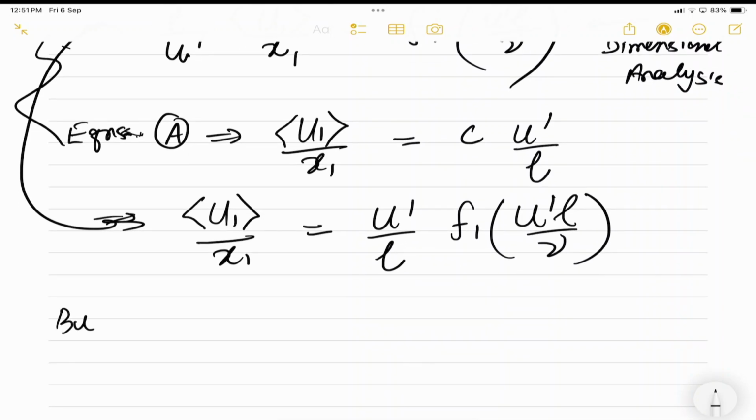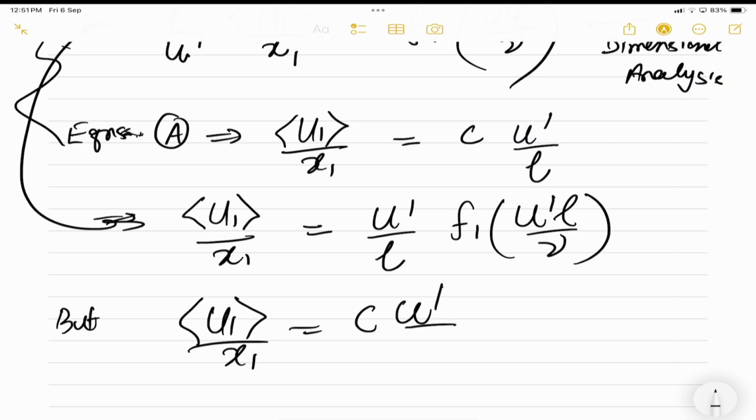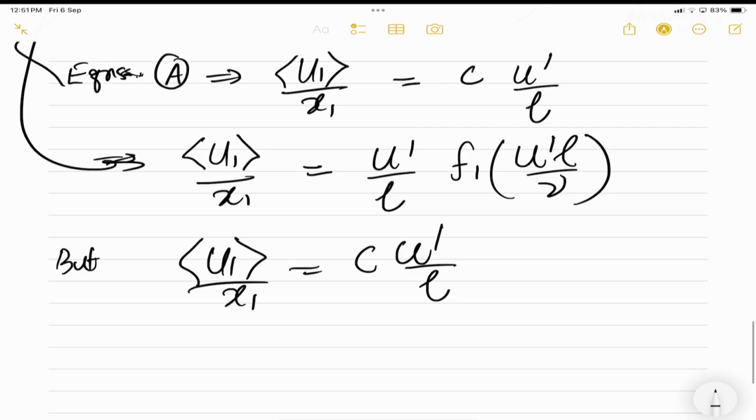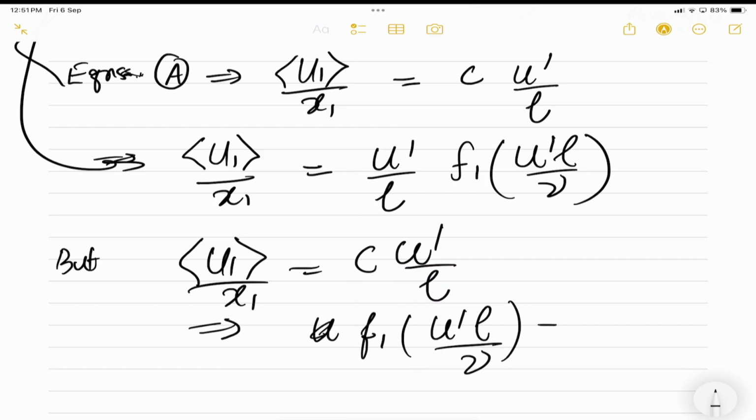But U1 upon x1 is equal to C times U prime upon L. So this gives me that function of must be a constant.